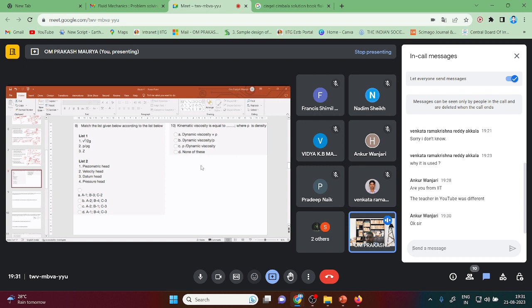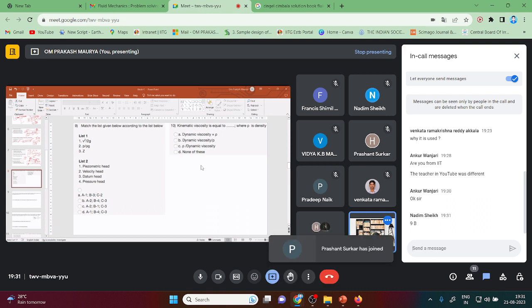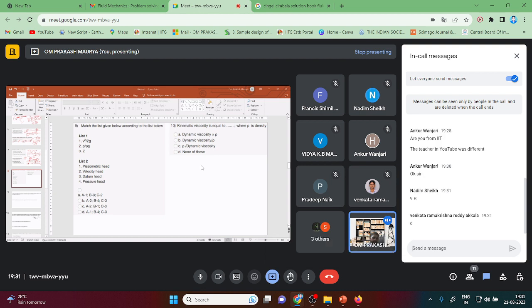V square by 2g is what: piezometric head, velocity head, datum head, or pressure head? Nadeem is telling option B. Okay, let's see. Please everyone give your answer in the chat box, whatever you are getting. Someone says option D is correct.